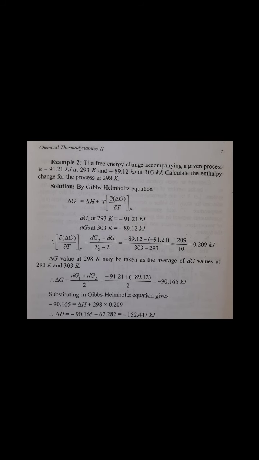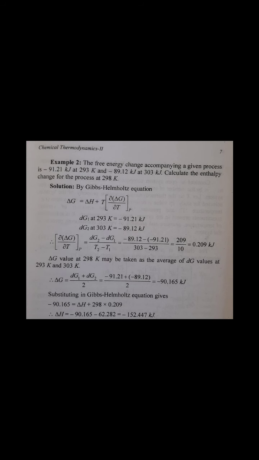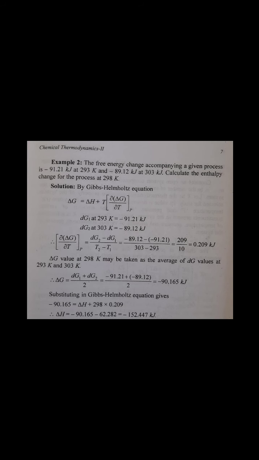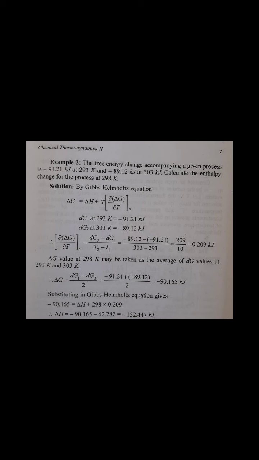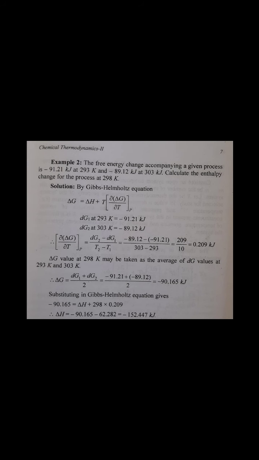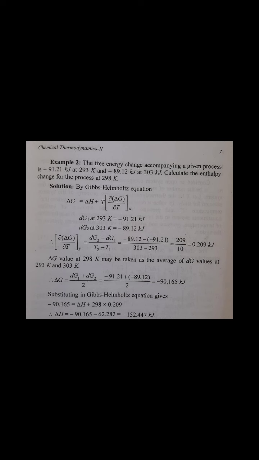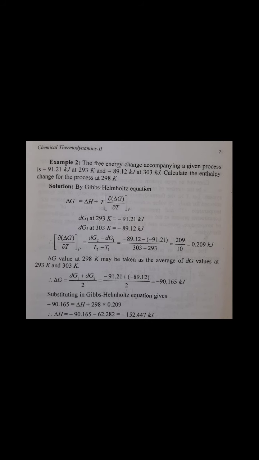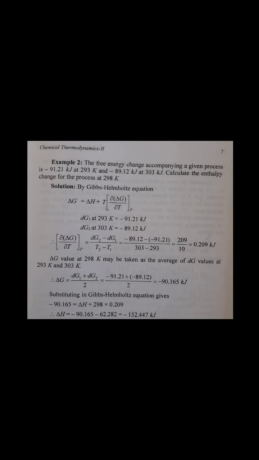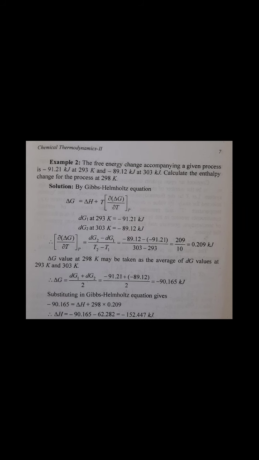By the Gibbs-Helmholtz equation, delta G is equal to delta H plus T times (d delta G upon dT) at constant pressure P. They have given the free energy change at two different temperatures: at 298 Kelvin it is minus 91.21 and at 303 Kelvin it is minus 89.12 kilojoule. If you substitute those values, you will get the answer.